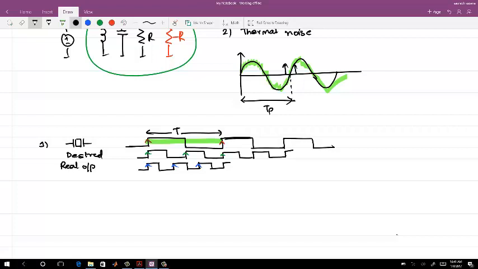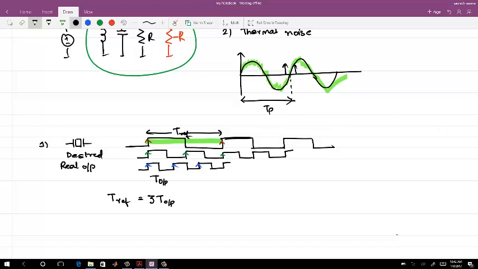So if T output was the real output period, and I hear 3 beeps in one reference period, that means T ref, let's call it T ref, is equal to 3 times T output.